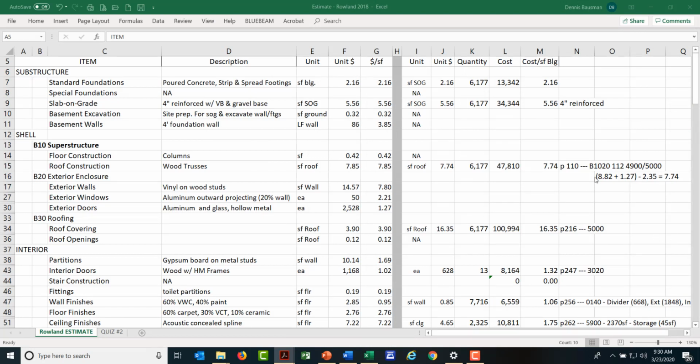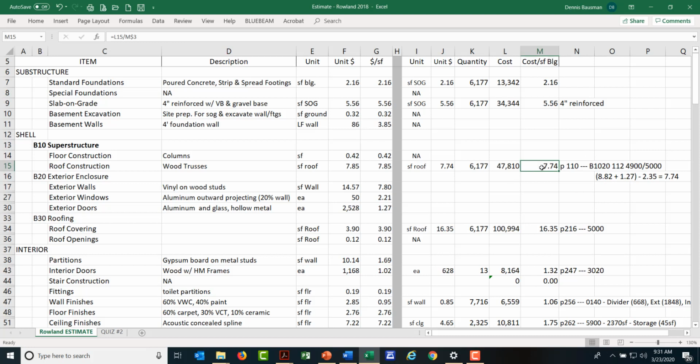So what I did is I left the metal roof and the framing plus the columns. I backed out the metal deck because we're going to go down here later when we get to roofing and put it back in. So that's how I got the 774. All right? Everybody with me?